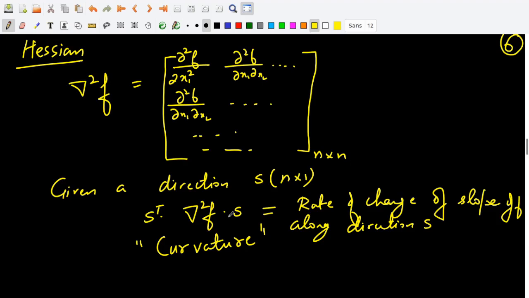So if this value is highly positive, that means the gradient or the slope is increasing, and that means that after some time your function value may start increasing.